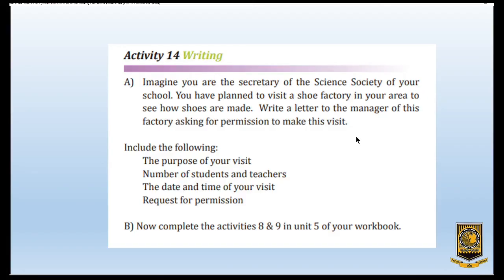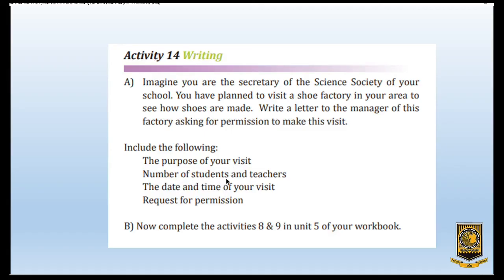Then the address you have to write. Then you have to create an address for the shoe factory. If you know any name, any real one, you can include it, or you can build up an address and write it as the receiver's address. In the letter you have to include the purpose of your visit, why you are visiting it.